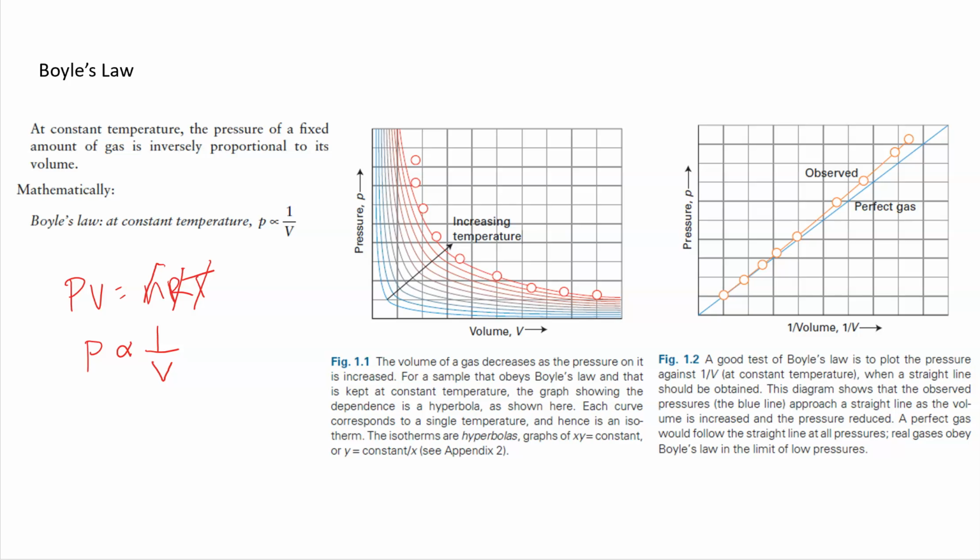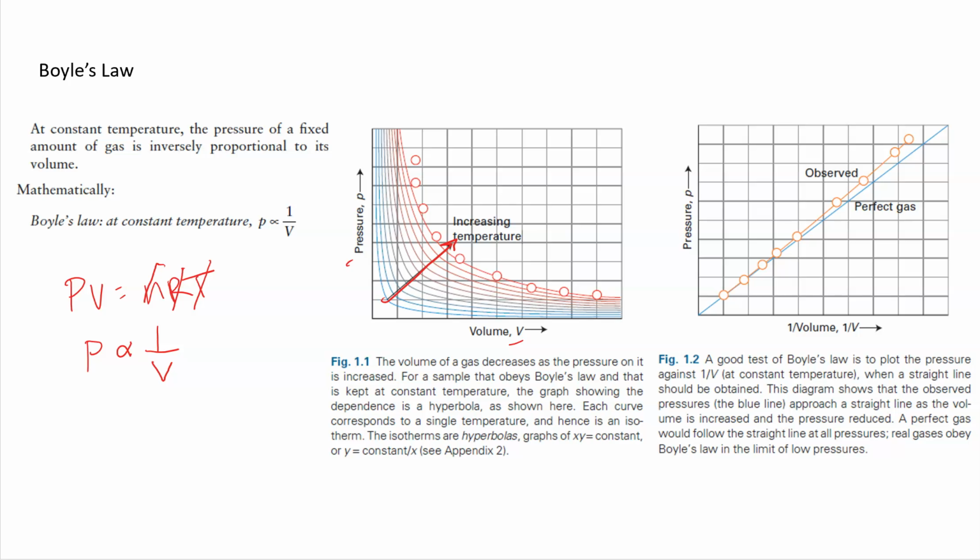And let's take a look at figure 1.1 off to the side here. On the y-axis of 1.1 we have pressure. On the x-axis we have volume. And then what we see is a sequence of isotherms. What's really neat about this figure is that as we have increasing temperature moving along this arrow, the isotherms are color-coded, with blue being the coolest and red being the hottest.